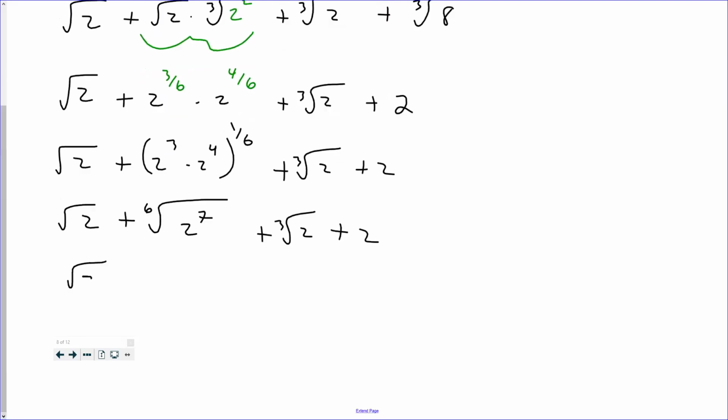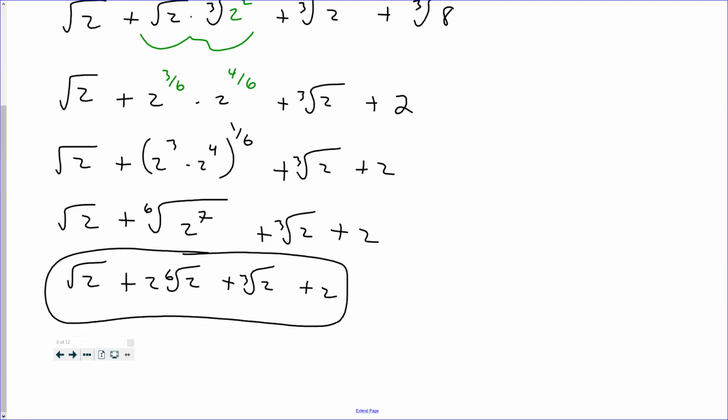Or you can factor out a 2 and be left with the 6th root of 2 plus the cube root of 2 plus 2. And there's nothing else I can do there. Are you okay with that? Any questions?